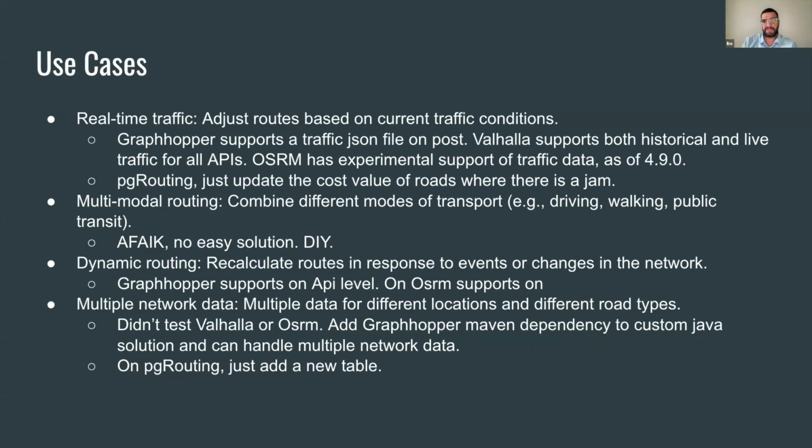You can always update your cost data, and you can create your traffic solution. And also multimodal routing, you can have multiple country data or multiple city data. As far as I know, no easy solution. Please do it yourself.